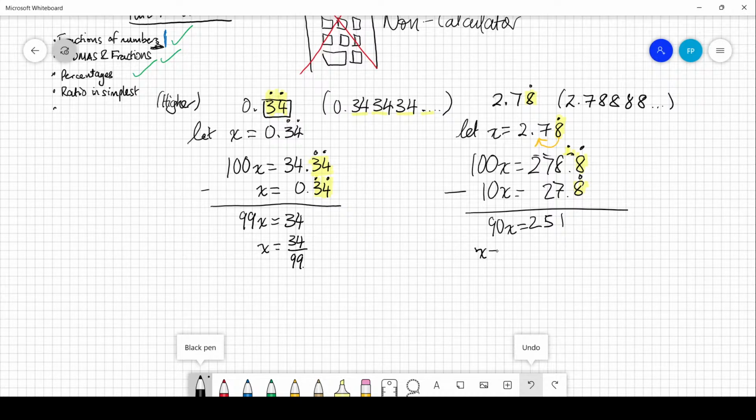So x will be 251 divided by 90. And I don't think you can simplify that further other than putting it into a mixed number. So those are the two types of recurring decimal to fraction questions you might get.